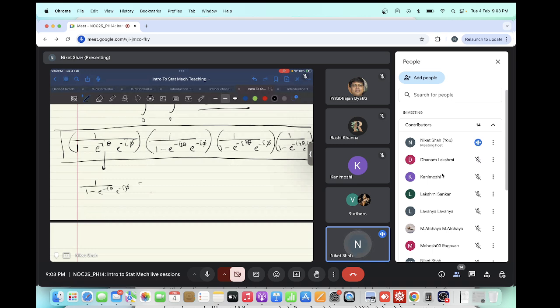Here the common factor is e raised to power minus i theta into e raised to power minus i phi. That's my factor by which my individual GP term is increasing.